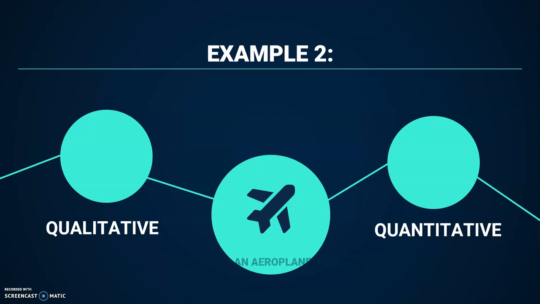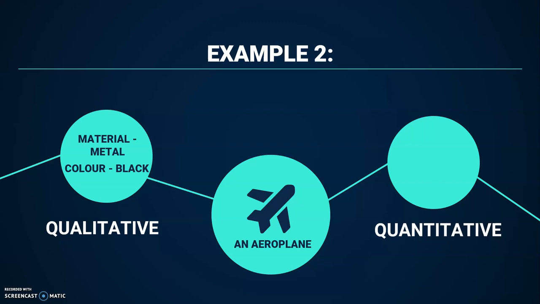What is that? Yep, it's an aeroplane. So the qualitative parameter that we can observe using our senses, for example, the material that it is made, it is using metal. So no numbers there, right? And also the color. For example, this picture, it shows a black aeroplane. Okay, so these are the qualitative examples, the qualitative characteristic of this airplane.